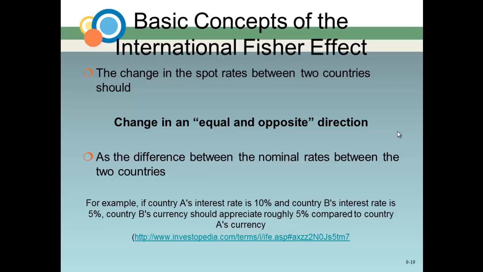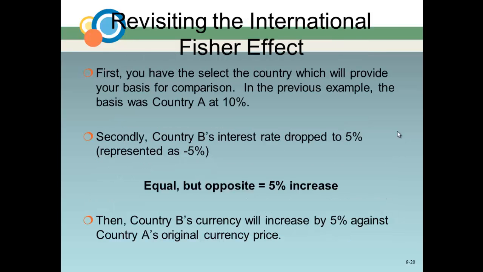So let's take this comparison step by step. First, you have to select the country which will provide your basis for comparison. Now in the previous example, the basis was country A's interest rate at 10%. Country B's interest rate dropped to 5%. So that is represented as a 5% drop or negative 5%.